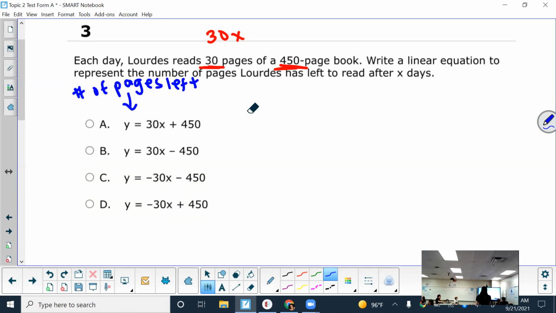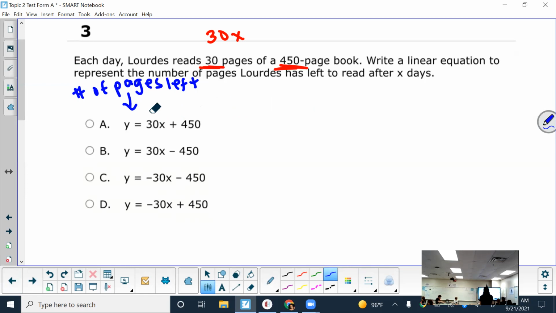So if we're just talking about one day, would that make sense for choice A? If I plug in 1, does that mean she has 480 pages to read? No, right? Because that would be more than the pages in the book.